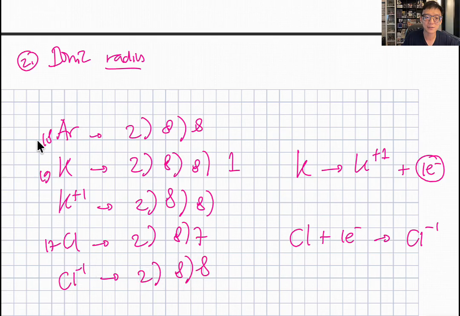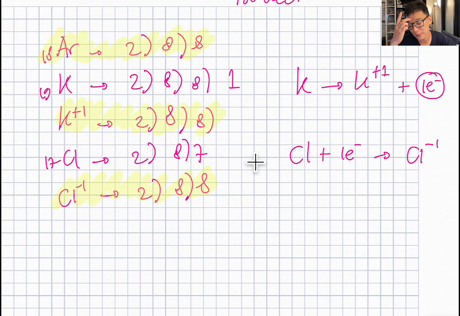Now you see that these three have the same number of electrons: Ar, potassium plus 1, and Cl minus 1. Because they have the same number of electrons, they are called isoelectronic. Now, according to our previous explanation, they have the exact same number of shells, so we cannot decide by shell; we need to check their nuclear charge.